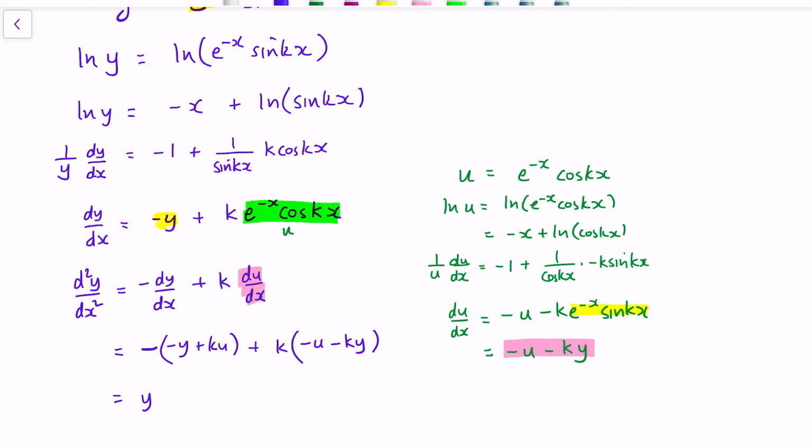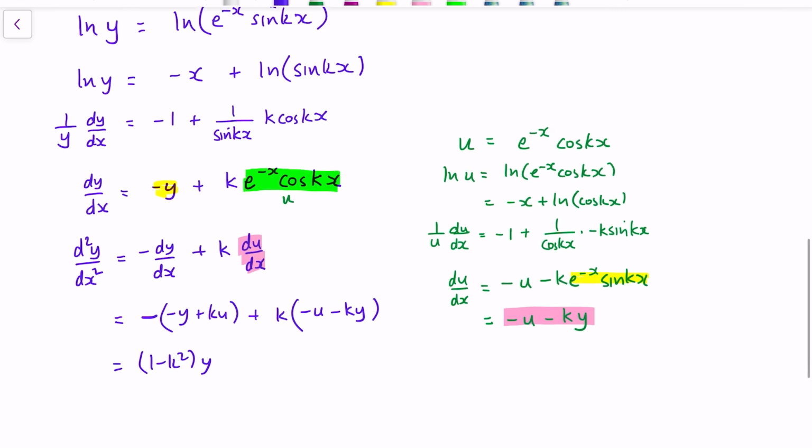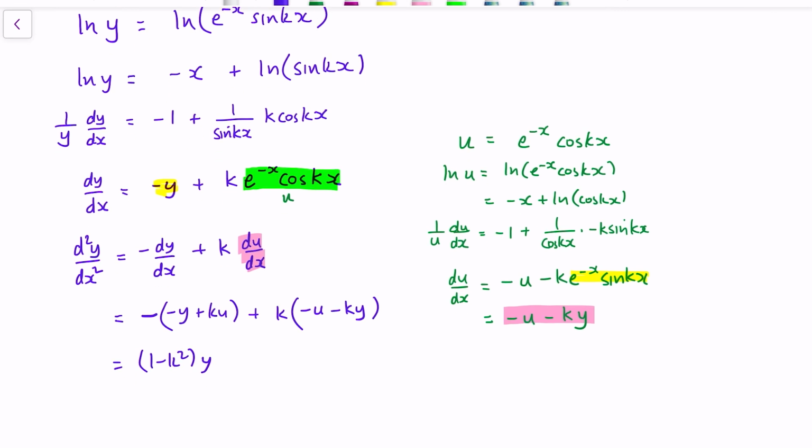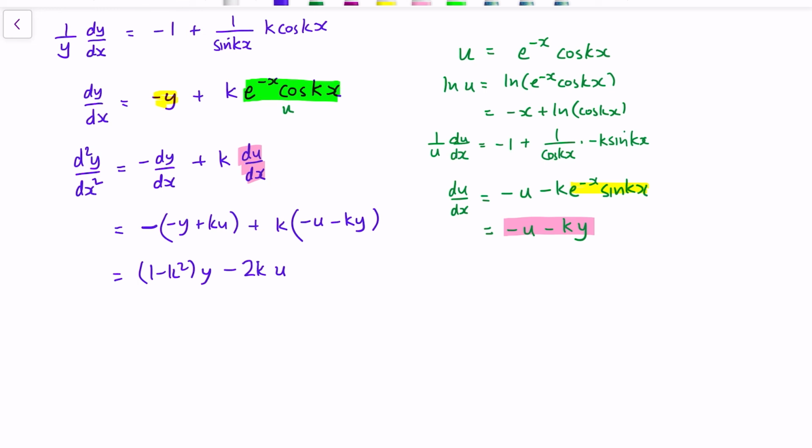We've got some like terms. So first term is y, and then there's another y that comes later as a minus k squared. So we've got 1 minus k squared y. And then we've got some u's as well. We've got minus ku, and then another minus ku, minus 2ku. So there's the second derivative.